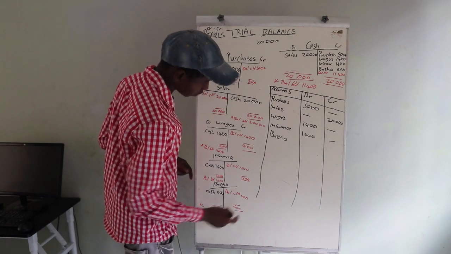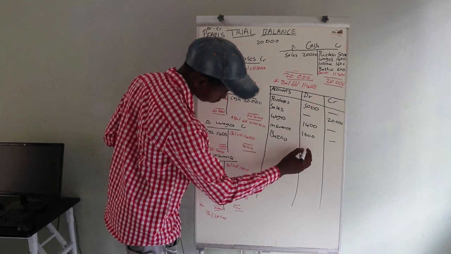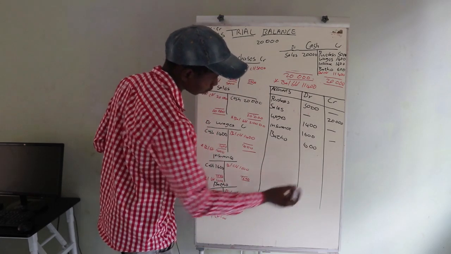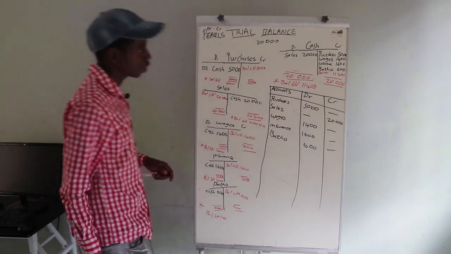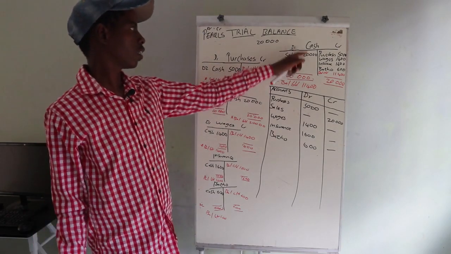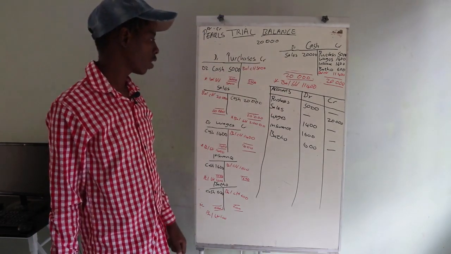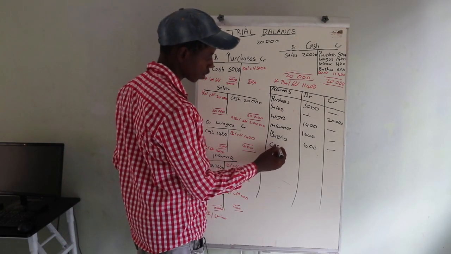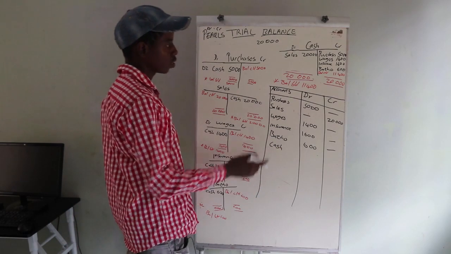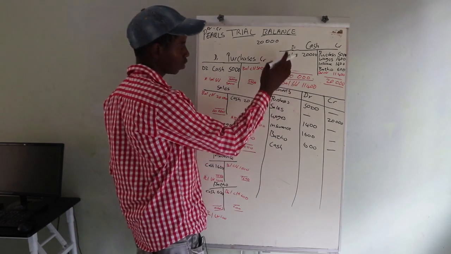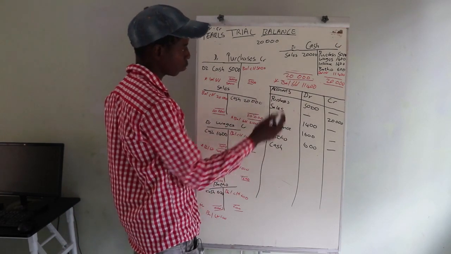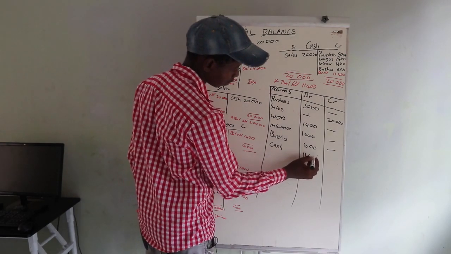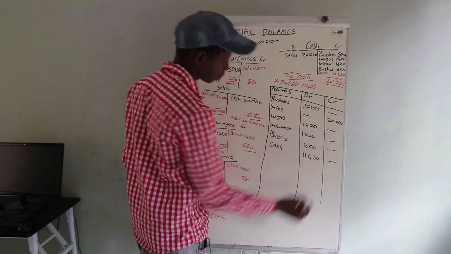Since balance brought down is on our left, we've got 600, right? And then we have the cash account, right? So we're going to write it here, cash, right? So balance brought down is on debit, right? How much? 11.4. 11.4, right?